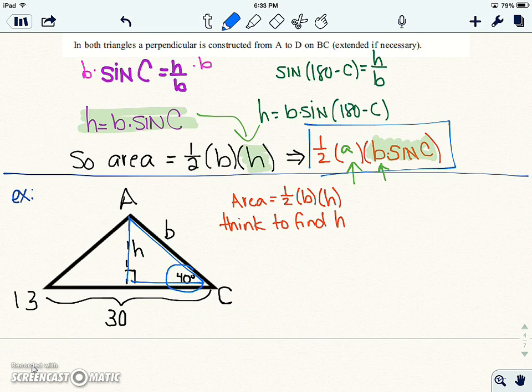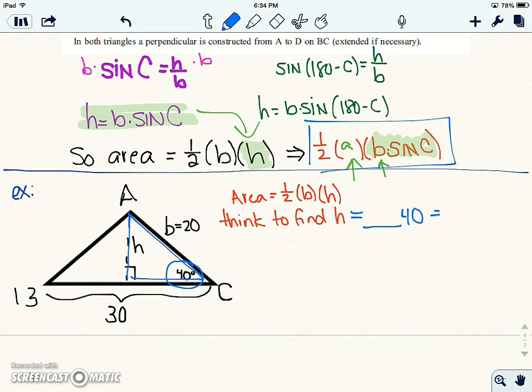If I went from 40, h is some trig function of 40, which is h over 20, and then since it's opposite over hypotenuse, that's going to be sine.